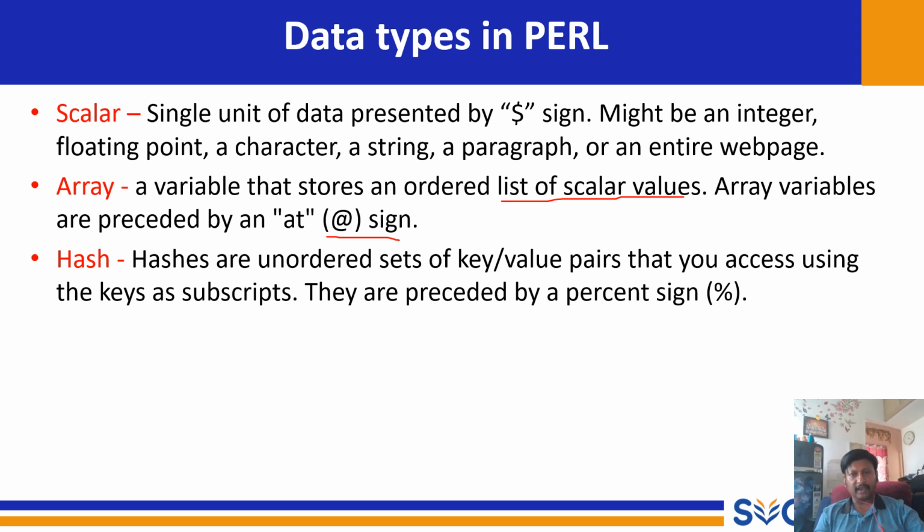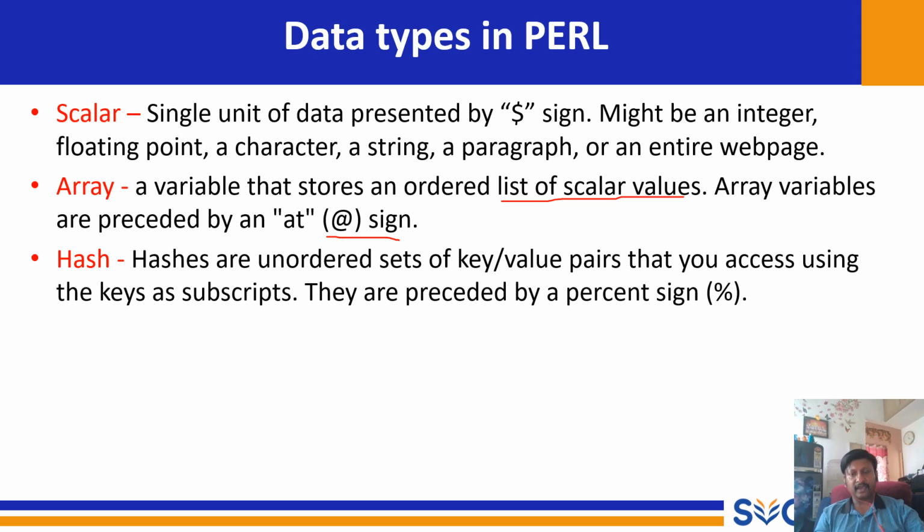Just like arrays have a list of scalars, here you have a key pointing to a value. For example, if you have three keys like key 1, key 2, key 3, they point to three different values: key 1 pointing to value 1, key 2 pointing to value 2, and key 3 pointing to value 3.